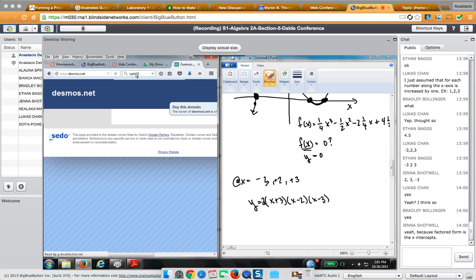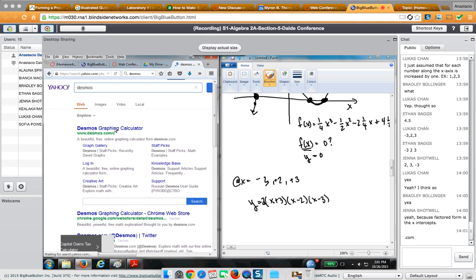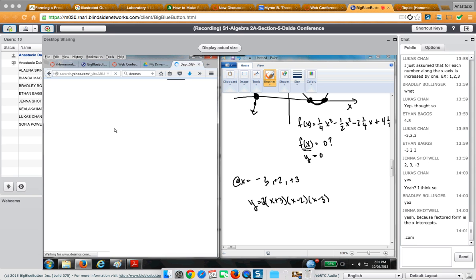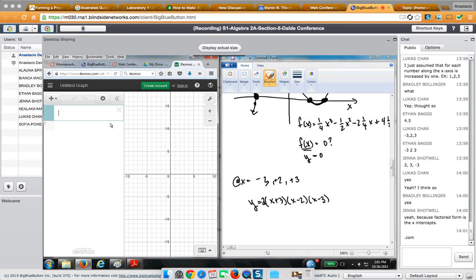No. Desmos. There we go, desmos.com. If we go to Desmos, all right, I'll be honest with you, I'm not getting as far as I want to get, and I don't know if I can spend this much time on this topic, but I don't mind doing a little bit of it.